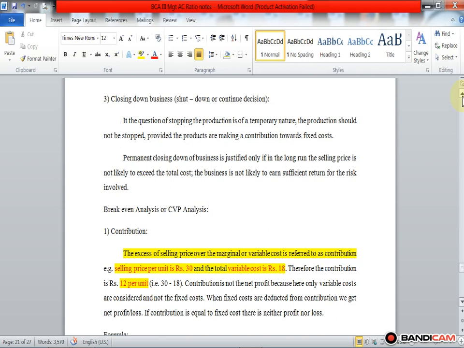Okay, so here the close down or shut down or continue decision depends upon the selling price of the components or products.